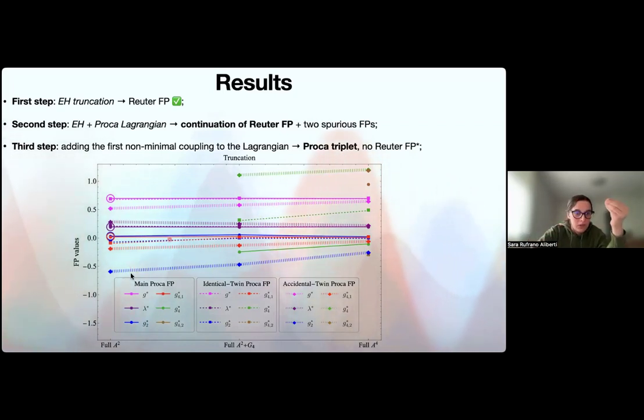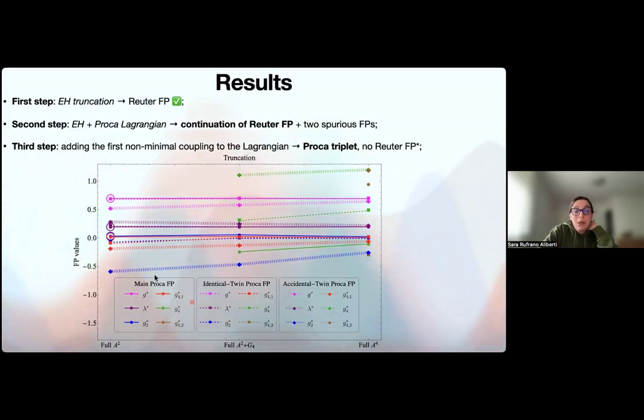This slow convergence across the truncations could be either related to the fact that we need more operators and higher order truncation in order to see a faster convergence across the truncations for the fixed point evolution, or maybe these theories do not admit an ultraviolet completion. So maybe that's a problem related to this behavior, this evolution.